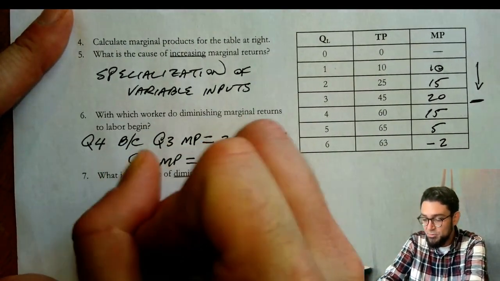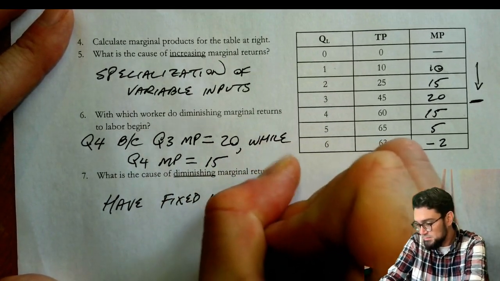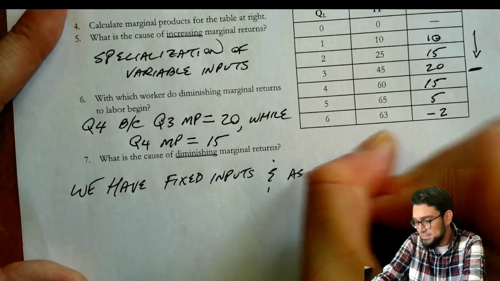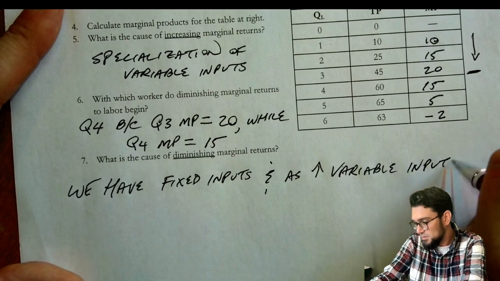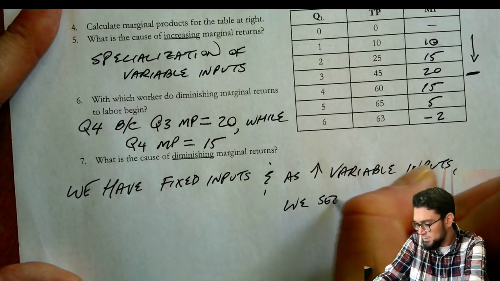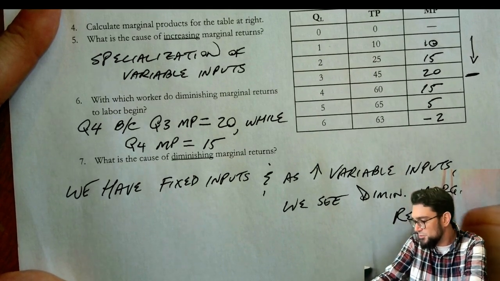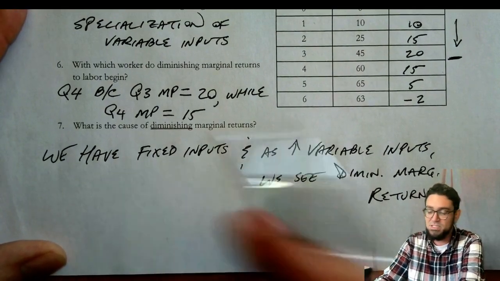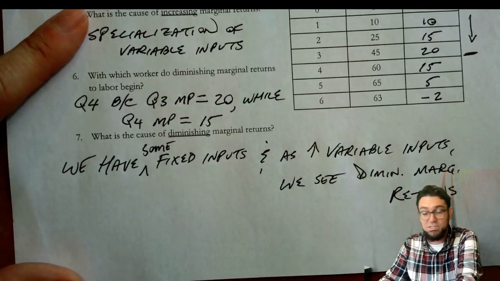That's simply because we have fixed inputs, and as we increase variable inputs, we see diminishing marginal returns. So another way to think about it is, why do we have diminishing marginal product? Because some of our inputs are fixed. We have some fixed inputs, and as we increase variable inputs, we're going to see diminishing marginal returns.